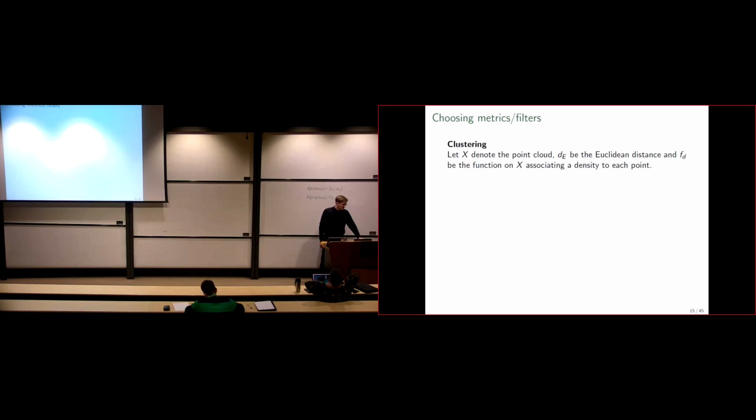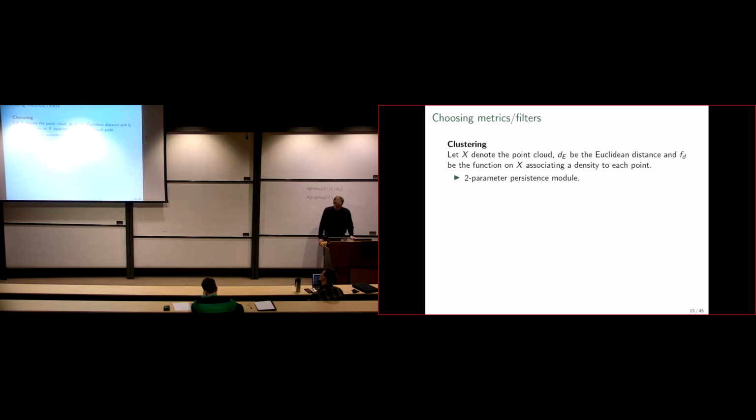Okay, so the first thing: choosing metrics. I will now give you some examples of metrics for three types of applications. The first one is clustering. Here, to make the clustering robust to noise and outliers, we will choose the Euclidean distance, which happens to be natural for our application, and a density filter on our set of points, which we here denote by FD.